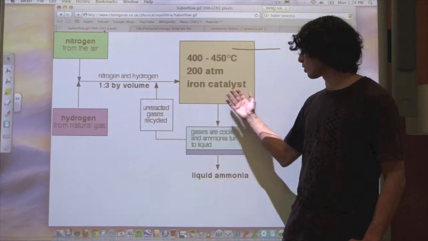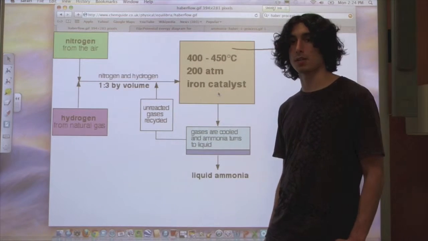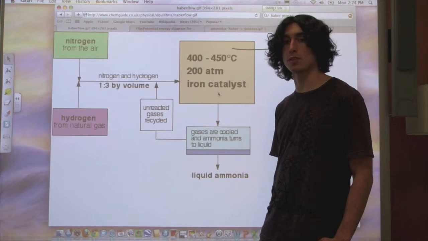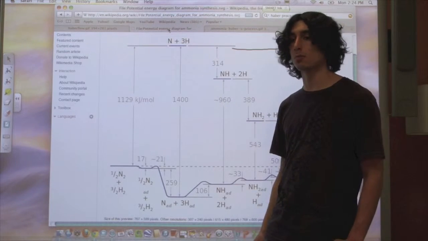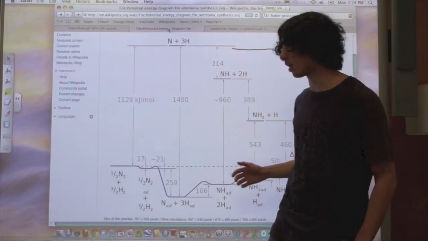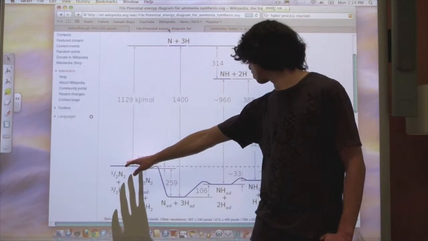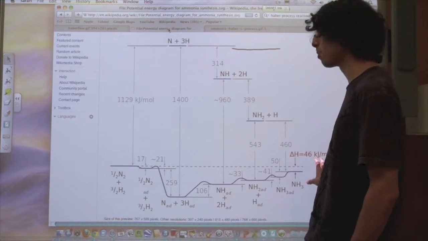The next part of the question asks about the iron catalyst. What is the purpose of the iron catalyst? Well, the catalyst increases the rate and changes the reaction pathway, but it does not change the equilibrium. So we get just the same amount of ammonia out, but if you look at this energy diagram, here we start with our nitrogen and our hydrogen, and out here we have ammonia.